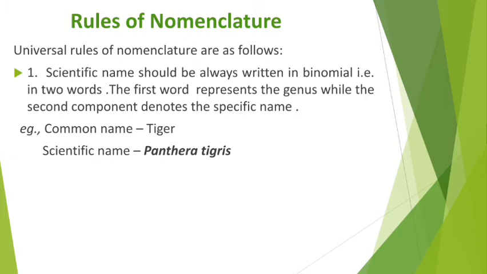So with this example I hope that your doubt is clear that how we can write them in binomial, that is in two words. Okay, so Panthera is the genus and tigris is the species name. So my dear student, the first rule we came to know is that scientific name should always be written in binomial, that is in two words. The first word represents the genus while the second component denotes the specific name.